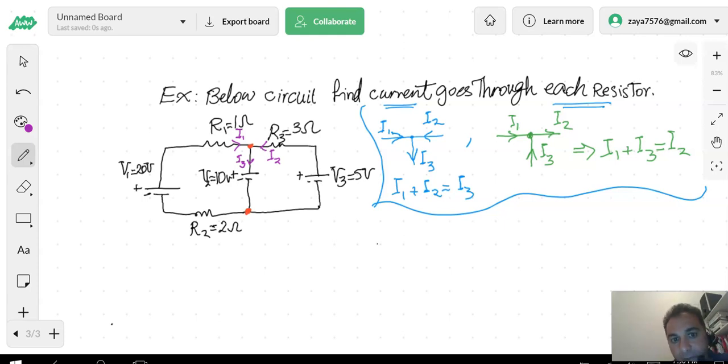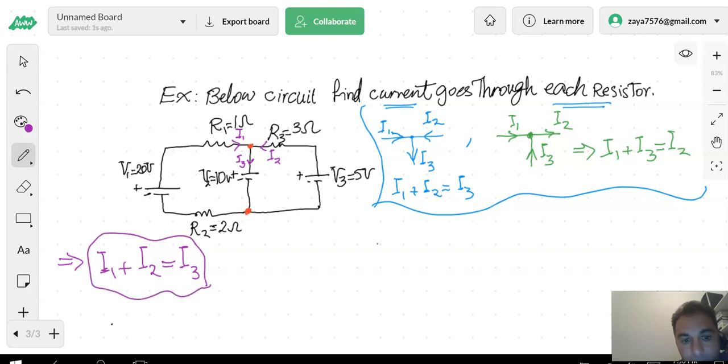So I picked these purple colors, I1, I2, I3. So I can write the law of junction. Let me write it. You tell me what it will be. Total input, so I1 plus I2 is the input to that junction, which is equal to I3. This is the law of junction. So far makes sense?